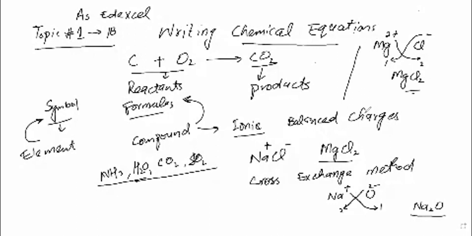Is it clear? So in this way we get one more example, just for your information: aluminum oxide. Aluminum has plus 3 charge. Oxygen has minus 2 charge. We want to make the formula of aluminum oxide. We have written aluminum first because it always forms cations, since it is a metal. And oxygen is a non-metal, it will gain electrons, it will become an anion.